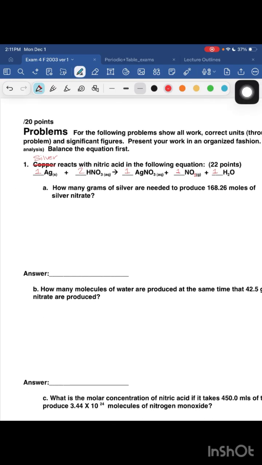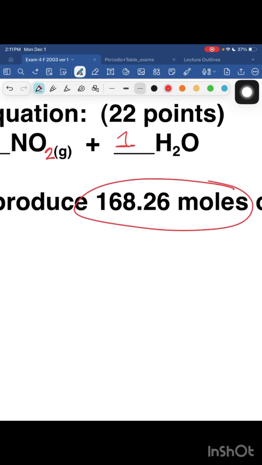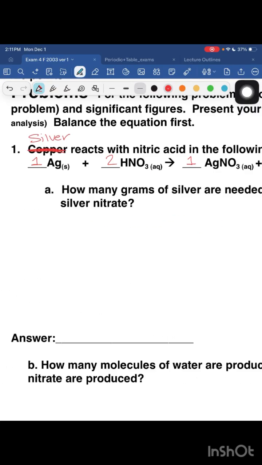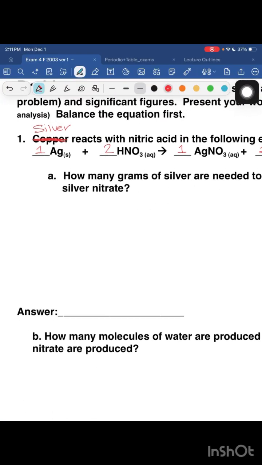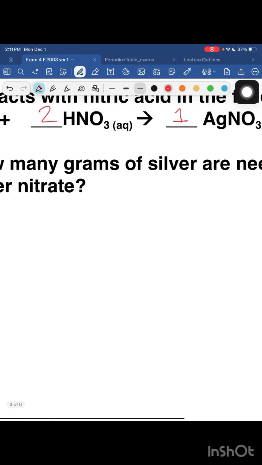How many grams of silver are needed to produce 168.26 moles of silver nitrate? So, we are starting with moles of silver nitrate. And we need to get to grams of silver.